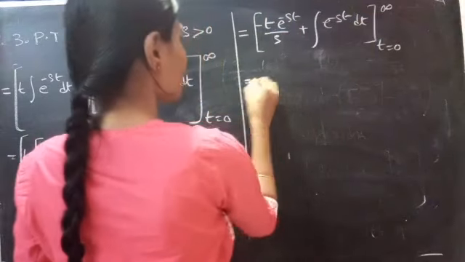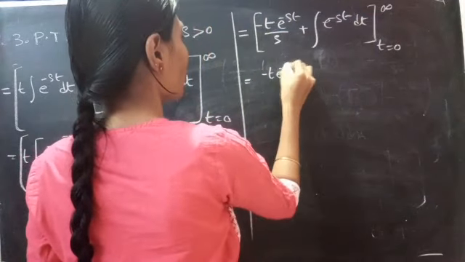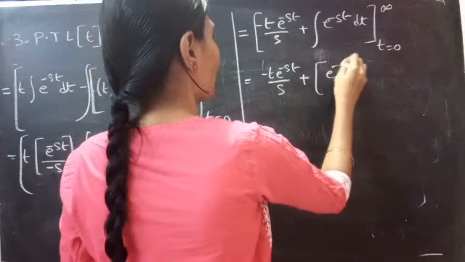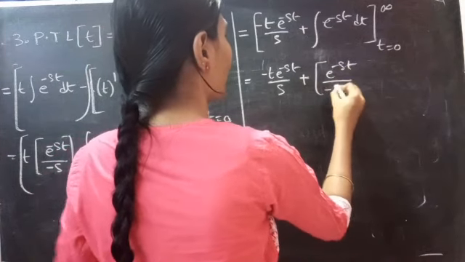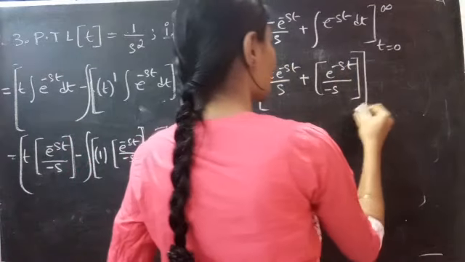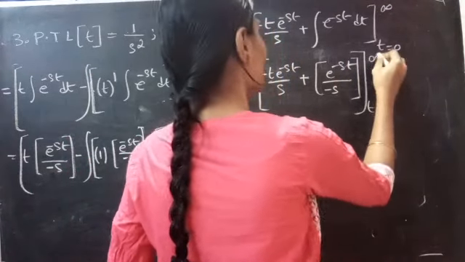So this equals minus t into e power minus st by s plus e power minus st by minus s. Then the limits t equals 0 to infinity.